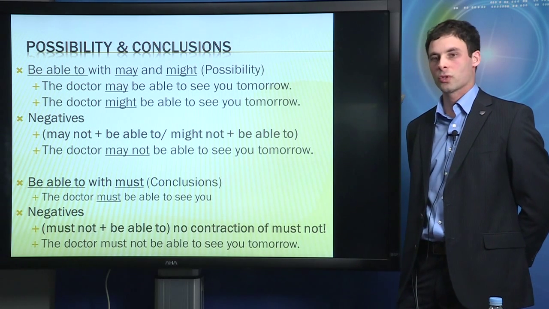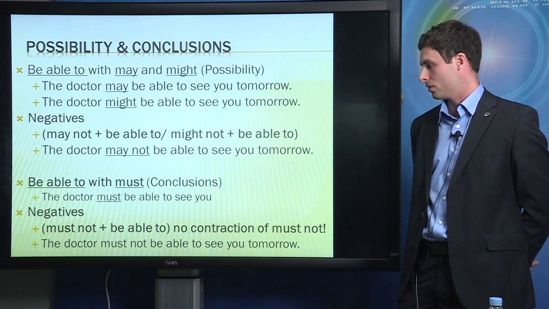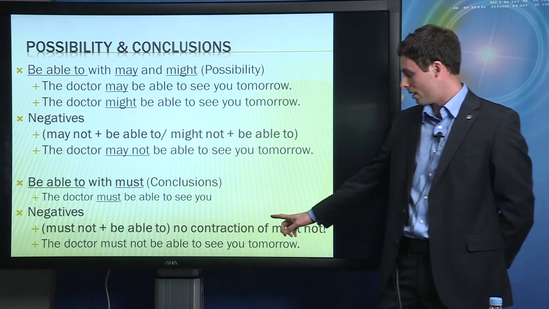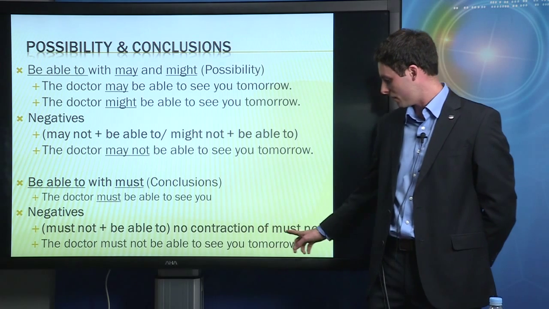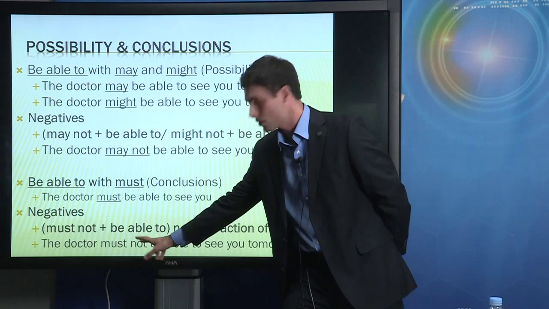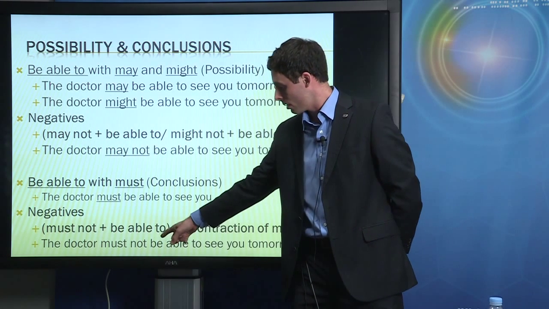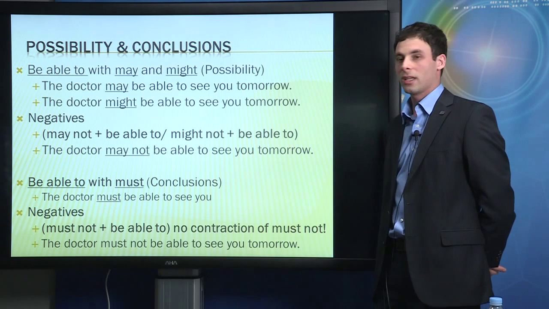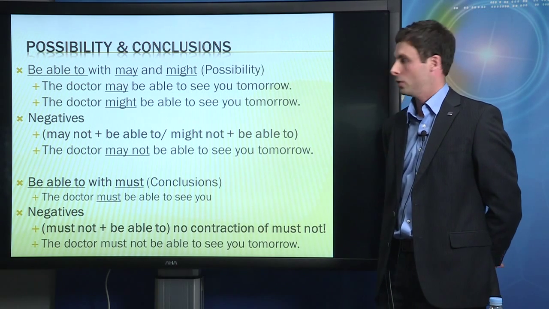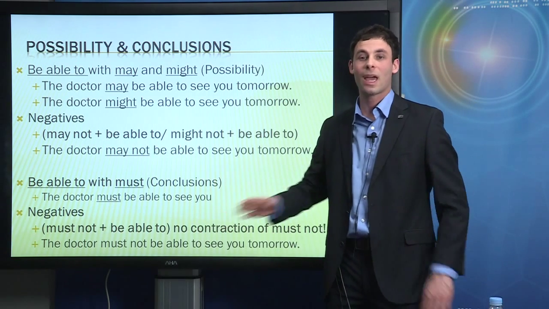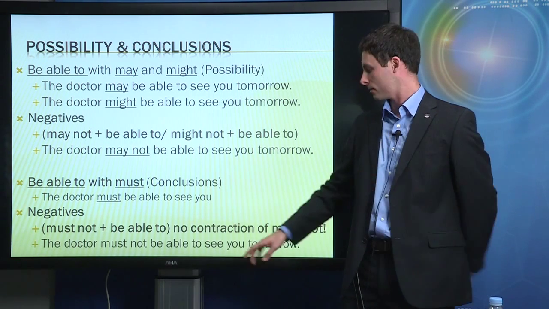The doctor must not be able to see you. Now one important point here is that we cannot use the contracted form of must not. Mustn't, the contracted form, does not have the same meaning. So for future ability conclusions, must not. We cannot use mustn't.